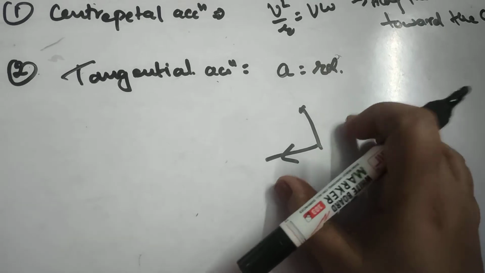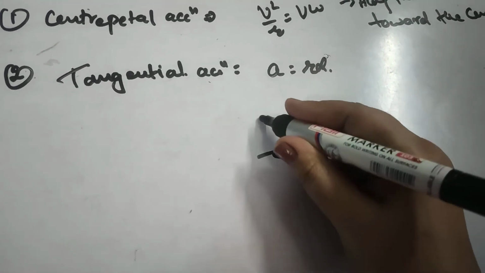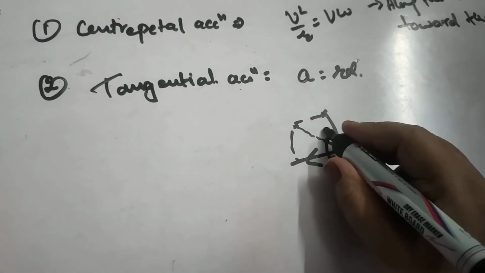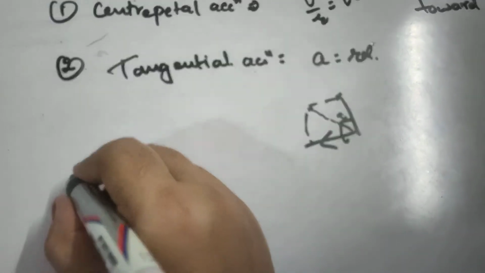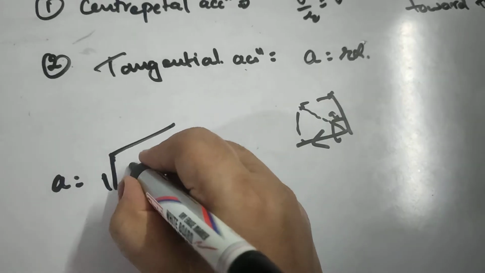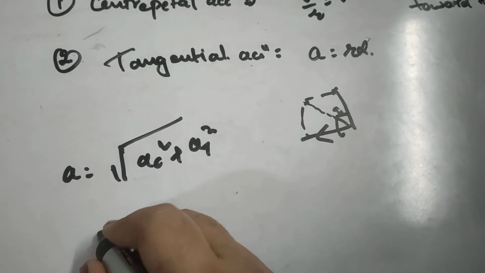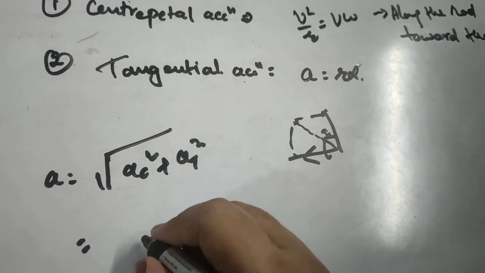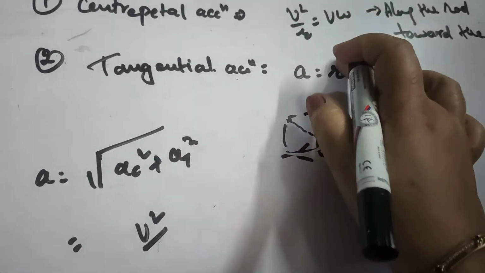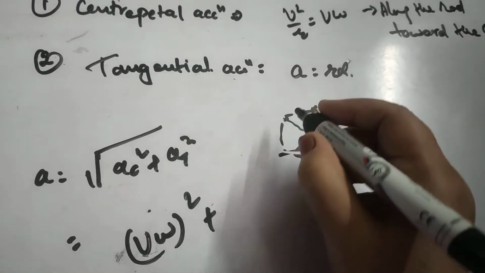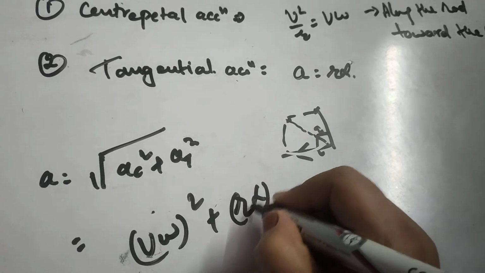If we complete the parallelogram, since the angle between them is 90 degrees, the resultant acceleration is given by the root of the sum of the squares of centripetal and tangential acceleration, that is, root of v omega square plus r alpha whole square.